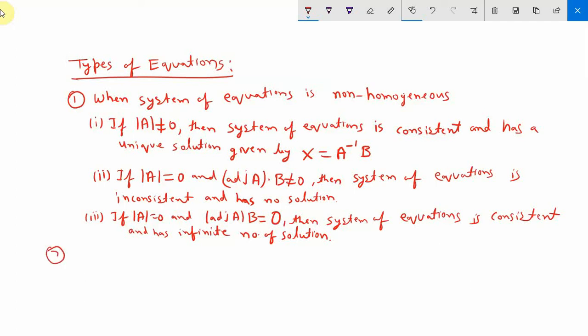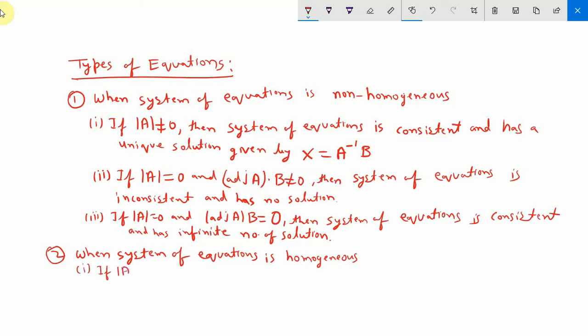Then we will see second type, when system of equations is homogeneous. Okay, so in this we will have case like the first one.